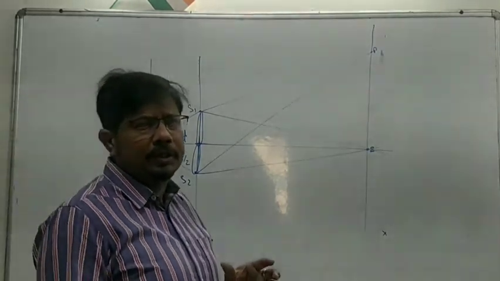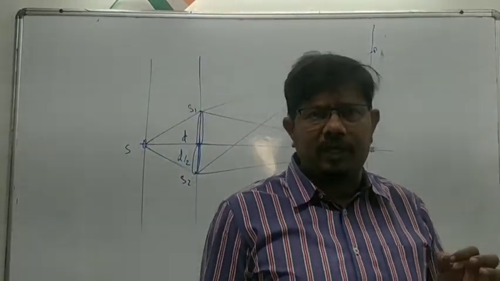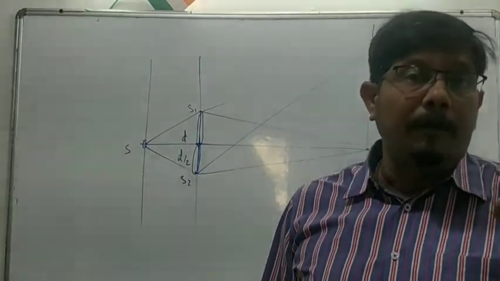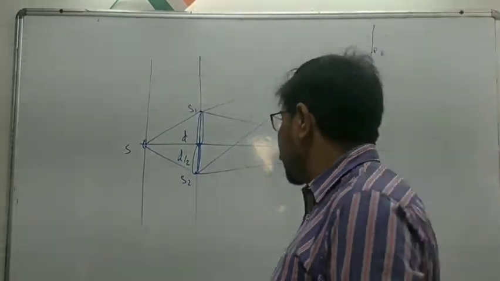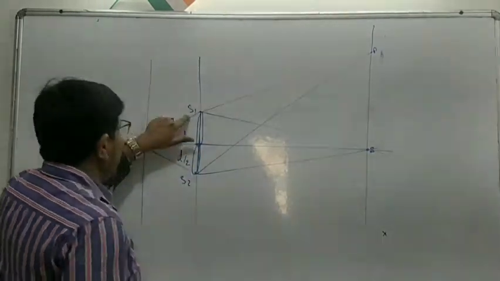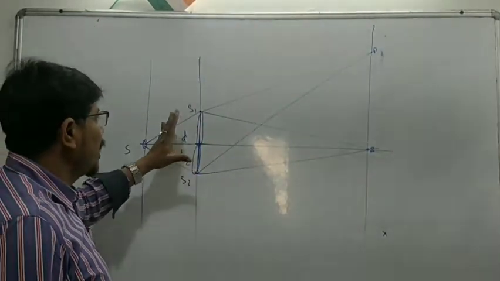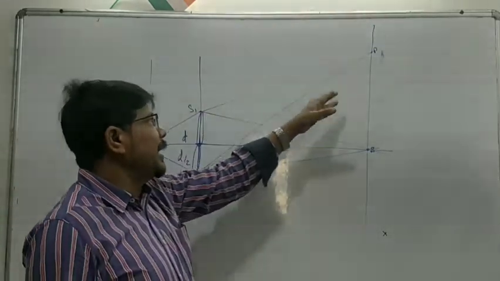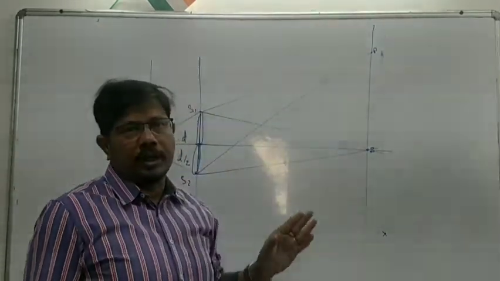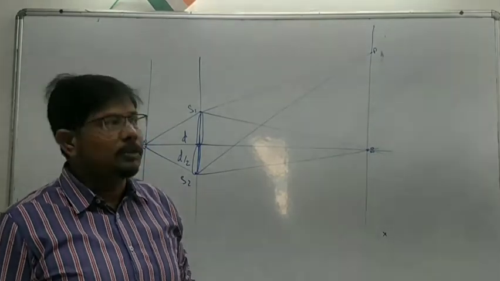Coherent sources give constant frequency, so we get an interference pattern on the screen. Due to S1 and S2 becoming coherent sources, we get a number of fringes on the screen, called the interference pattern.